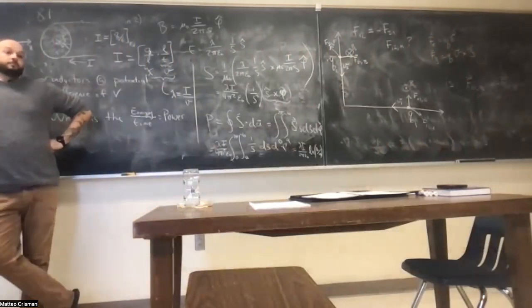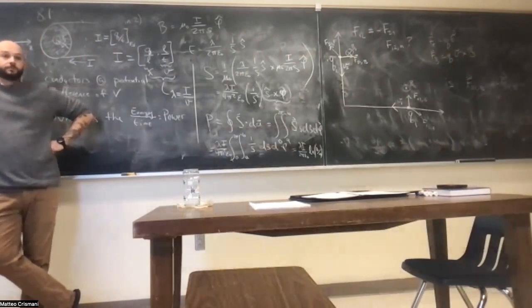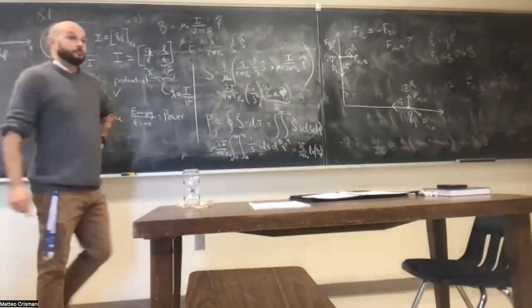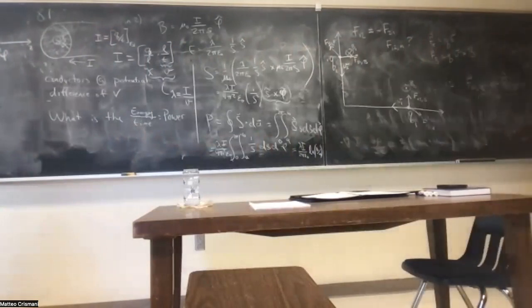You tell me, look at the direction of those forces. How is that possible? I'll give you the hint, it's not possible. So even though we calculated the forces correctly, they are not equal and opposite.